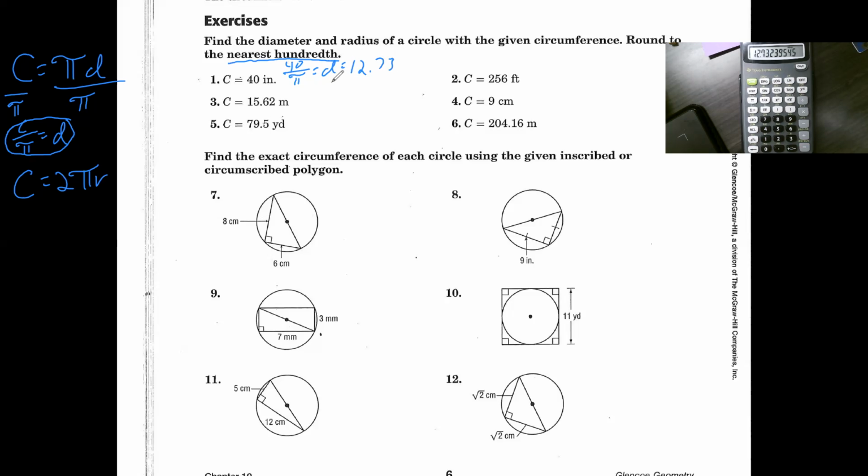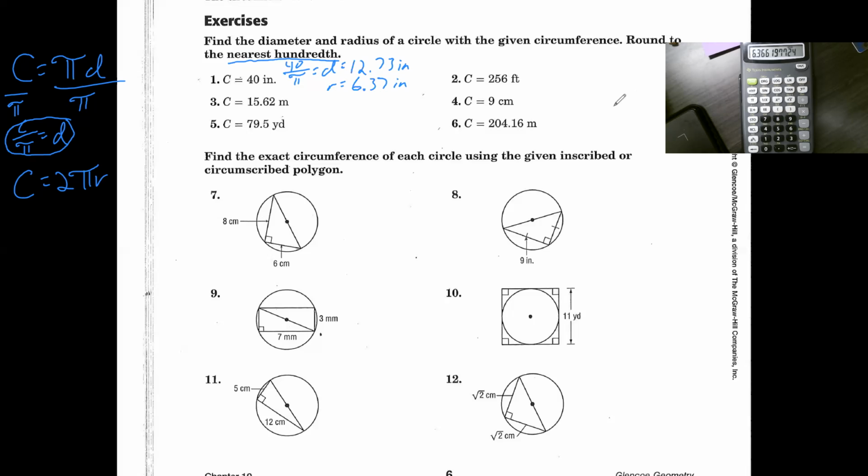If that's our diameter, then our radius is going to be half of that. So divide that in half, and we get 6.37 if we round it up. And since we had units involved, since these are measurements, we should also include those units here. So these were both in inches.